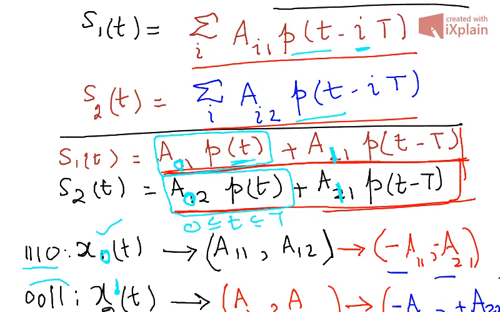So you will have a11 and a12. This is 2 here.